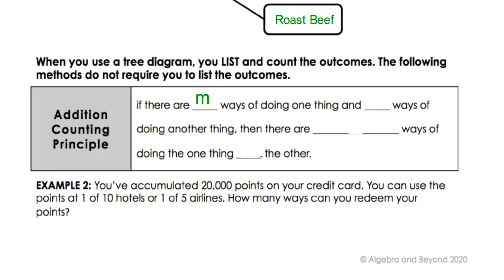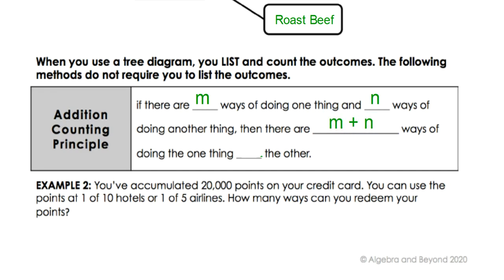So if there are m ways of doing one thing, so in the last example, there were 2 ways of choosing bread, but if we were picking a color of a car, maybe there's 5 different colors. So m is just the number of ways of doing the first thing that we have to choose. And then we'd have n ways of doing the second thing, or the second stage.